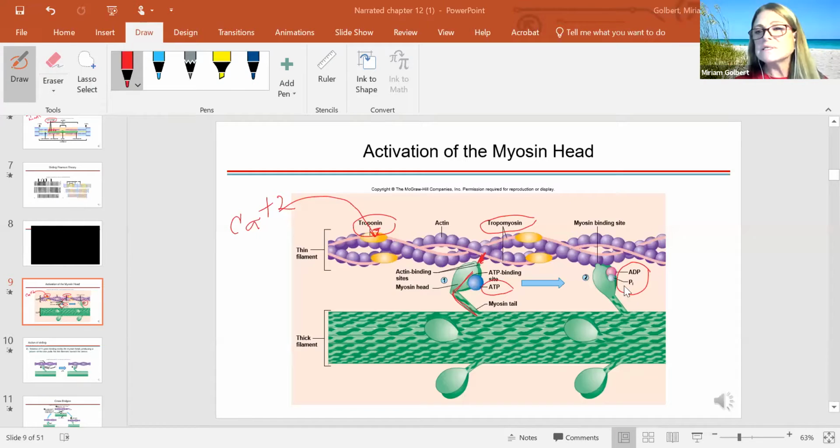And if you notice the movement of the myosin head, the power stroke, right? That grabs the actin because they're bonded together, right? It's happening when we are hydrolyzing ADP and phosphate. It doesn't happen when you have ATP on the other side.